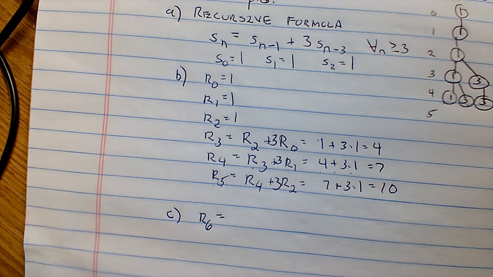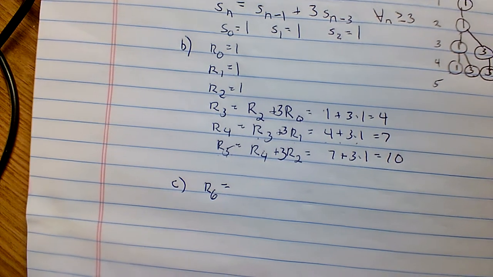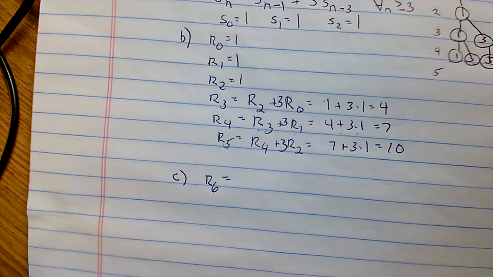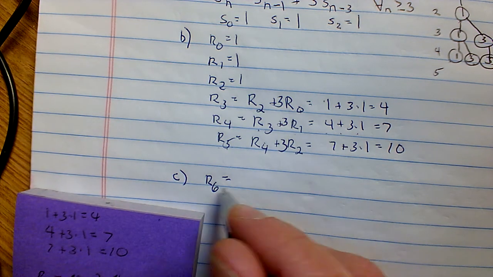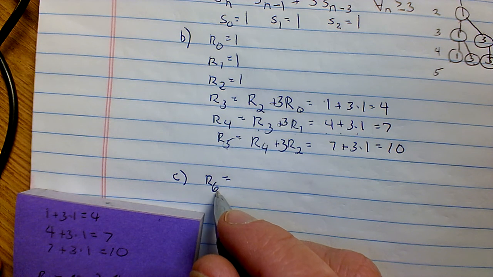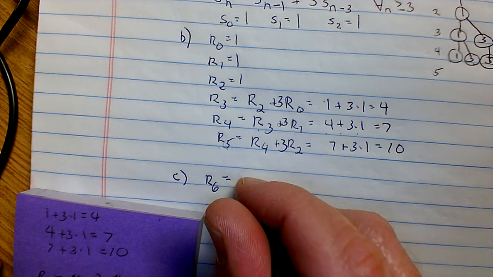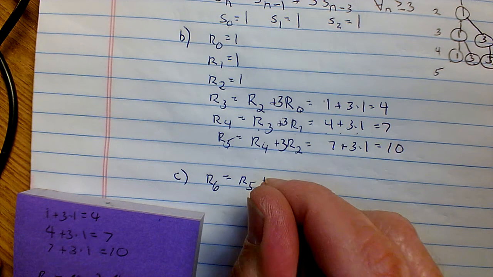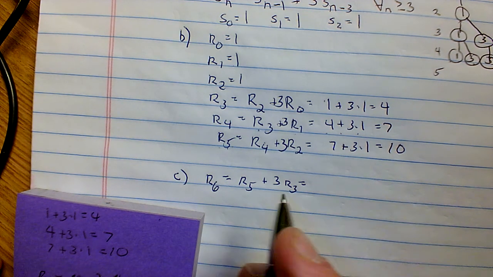Now, question C, I think they're just being mean again when they say figure out how many you have at the end of a year. How about for us, we just figure out how many we have at the end of 6 months. So how many rabbits are there at the end of 6 months? Well, you notice the next time, r sub 6 is going to be r sub 5 plus 3 times r sub 3.